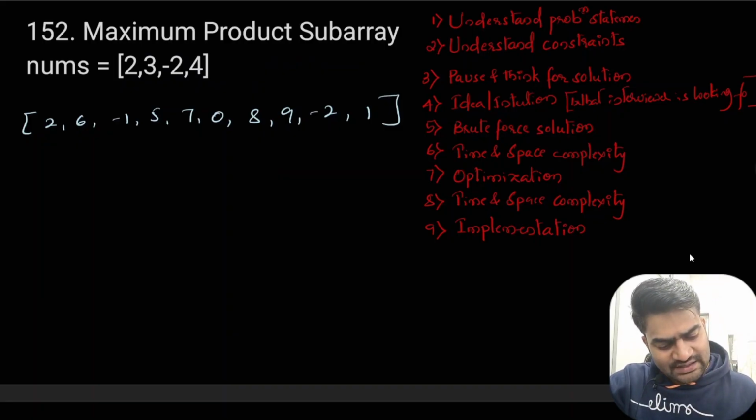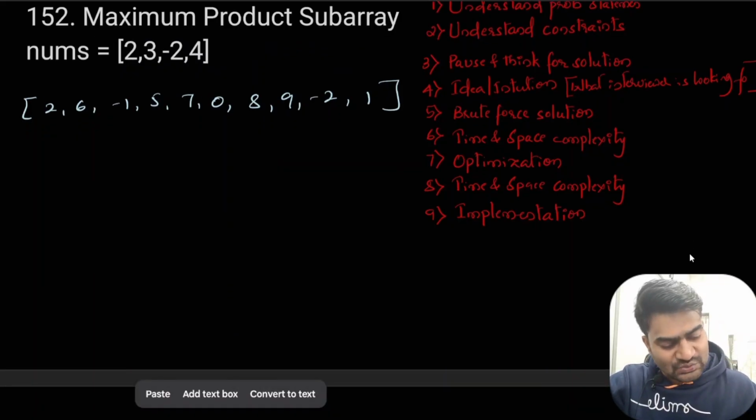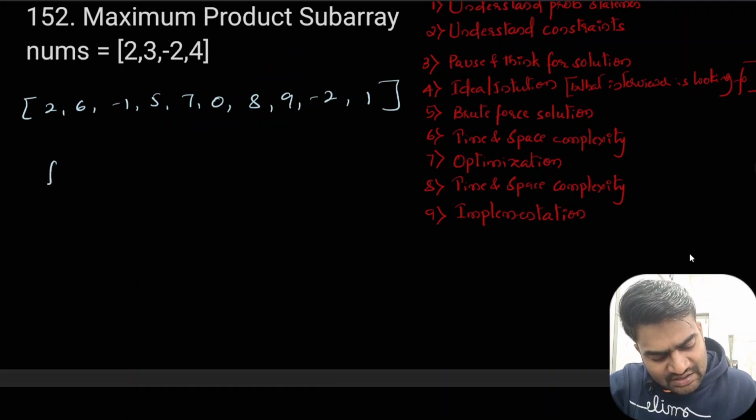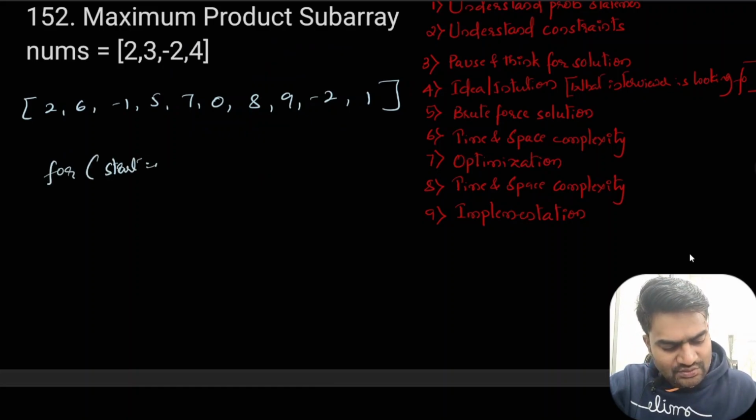Okay, with that, let us try to come up with the pseudo code. So I need a for loop. For start equal to 0, start less than n, where n will be the length of the nums array, then start plus plus.